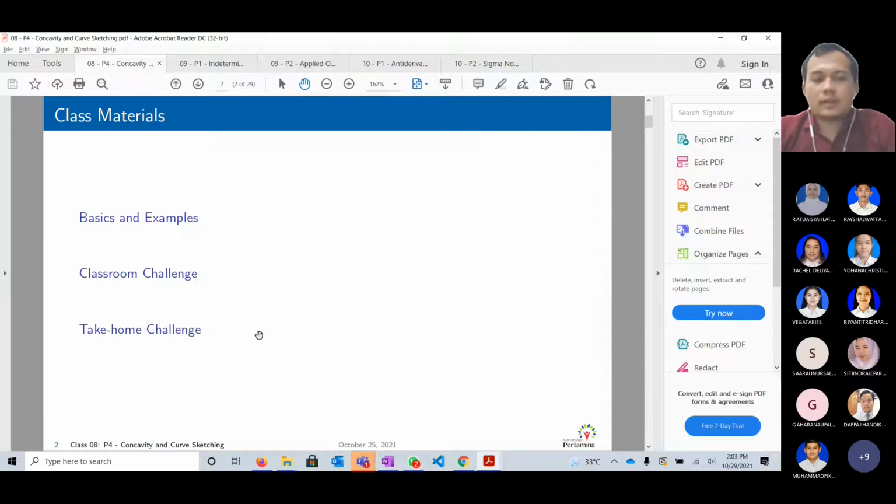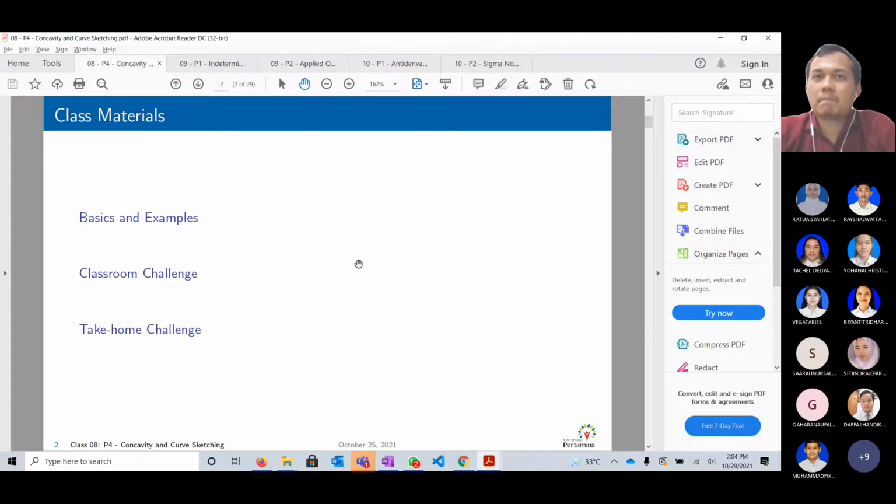So, concavity and curve sketching. What does it mean by concavity? Before I open the slide, what is concavity in bahasa Indonesia?